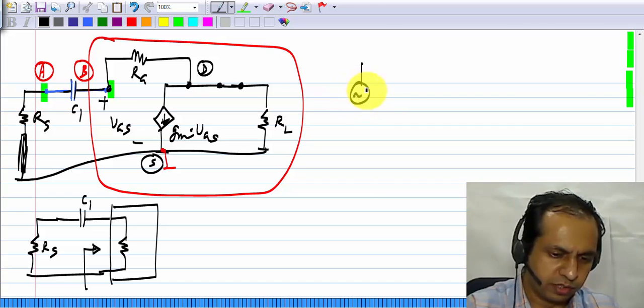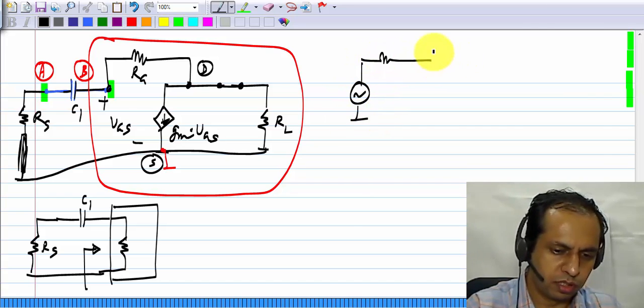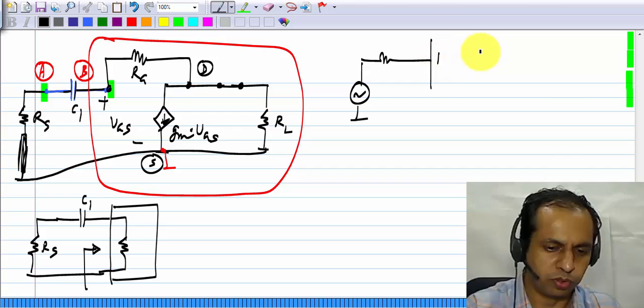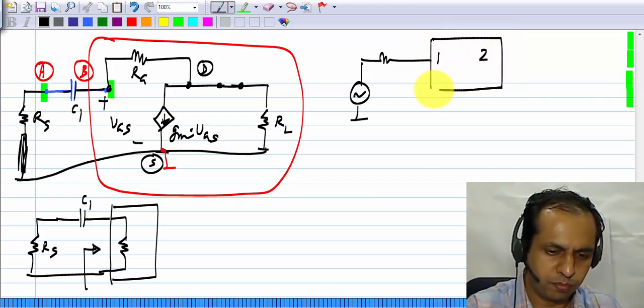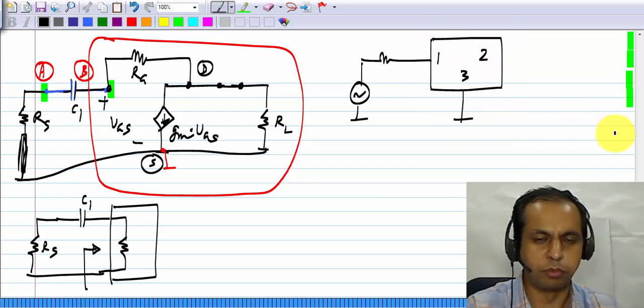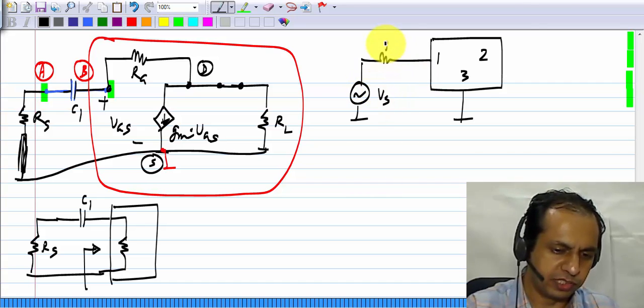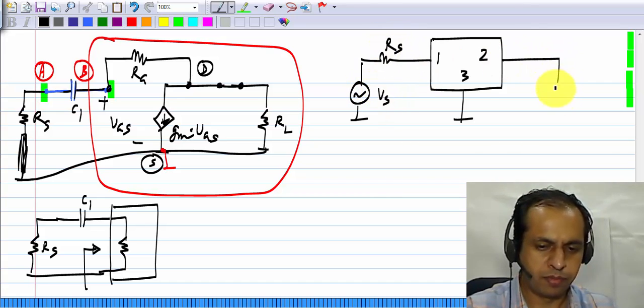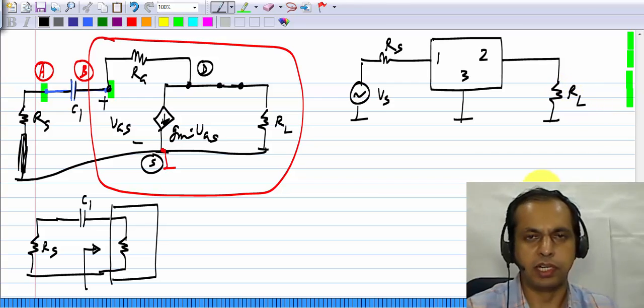What do I mean by that? When you have a two port, say ports 1, 2 and 3, which is common ground, let's say we have Vs and Rs and RL on the other side.